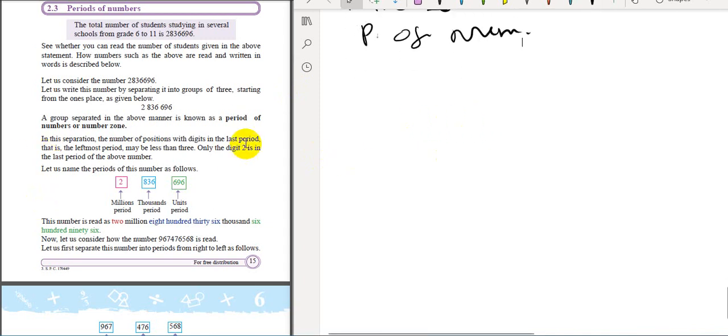We are going to separate into groups of 3. Example, I'm going to give this one. There are 5 digits: 1, 2, 3, 4, 5. Now we are going to separate this into 3 groups, starting from the ones place.